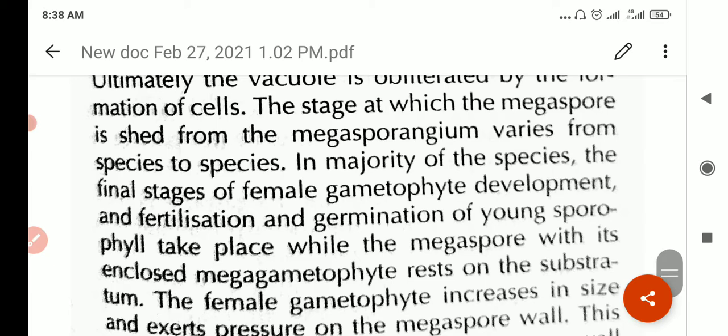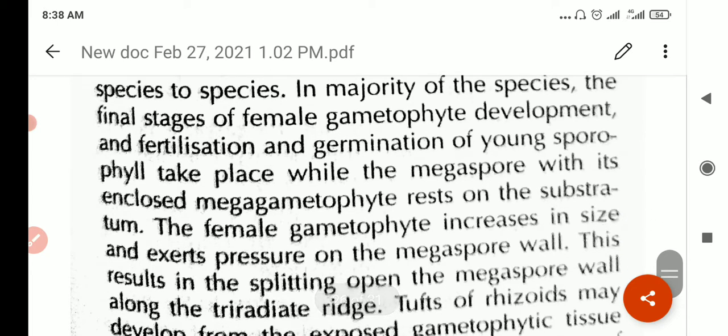But in most species, the final stages of female gametophyte development, fertilization and germination of the young sporophyte take place while the megaspore is within its megagametophyte and rests on the substratum. It means in most of them, it will still be inside the megasporangium, while it's still in the mother.